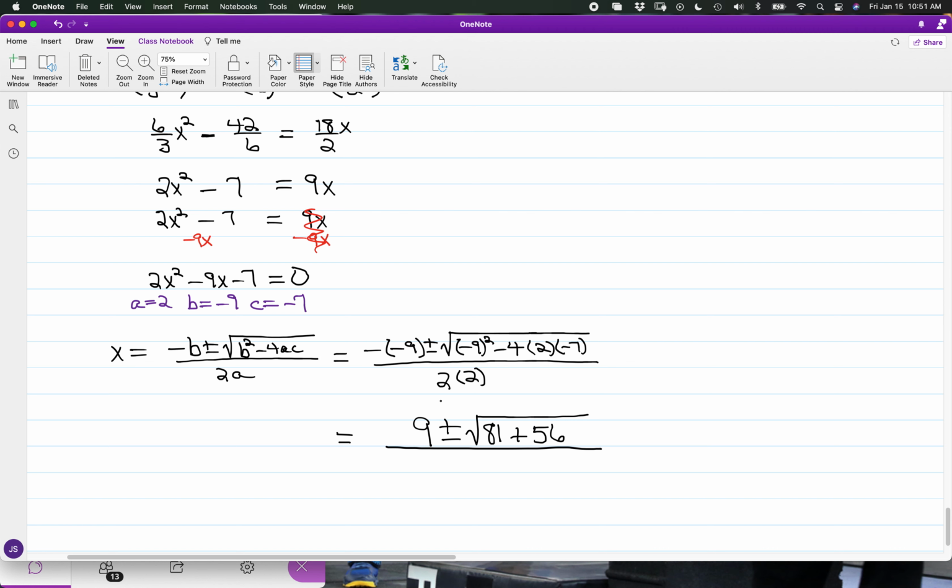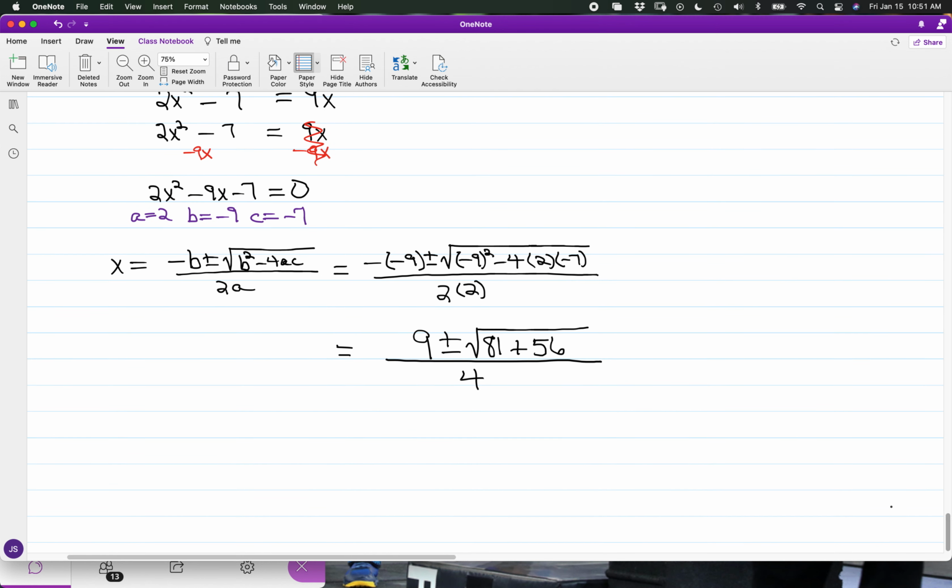Again, 2 times 2 is 4. So here we're going to have 9 plus or minus the square root of 137 all over 4.